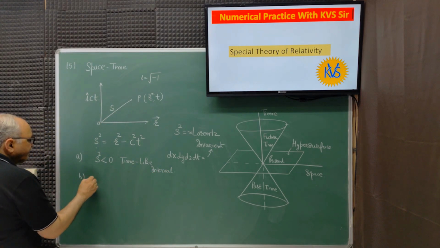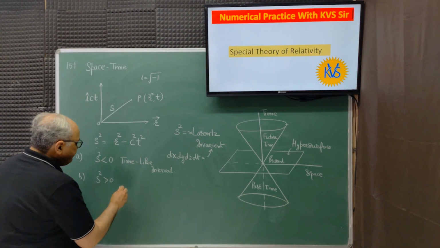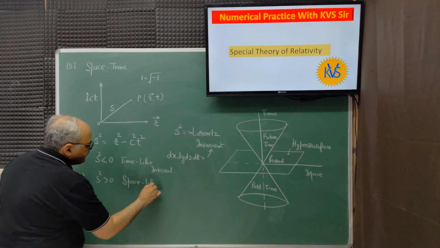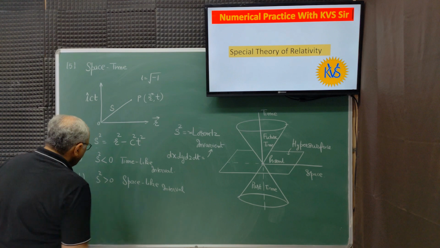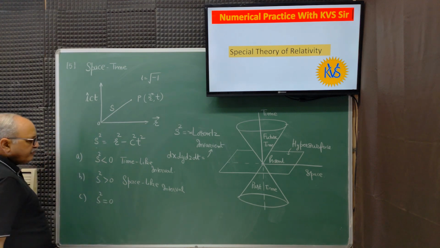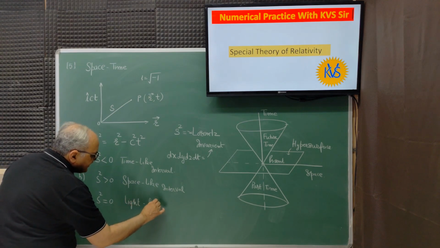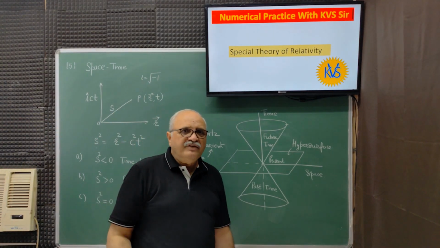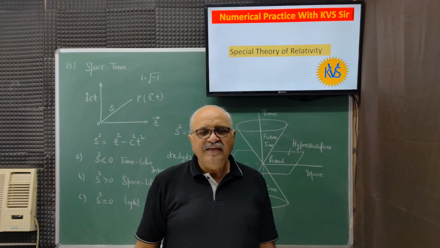Or if you have s square greater than 0, that means it is real, we call it a space-like interval. Or if you have s square equal to 0, we call it a light-like interval. So you can classify any interval given to you, whether it is time-like, space-like or light-like, with the help of these conditions.